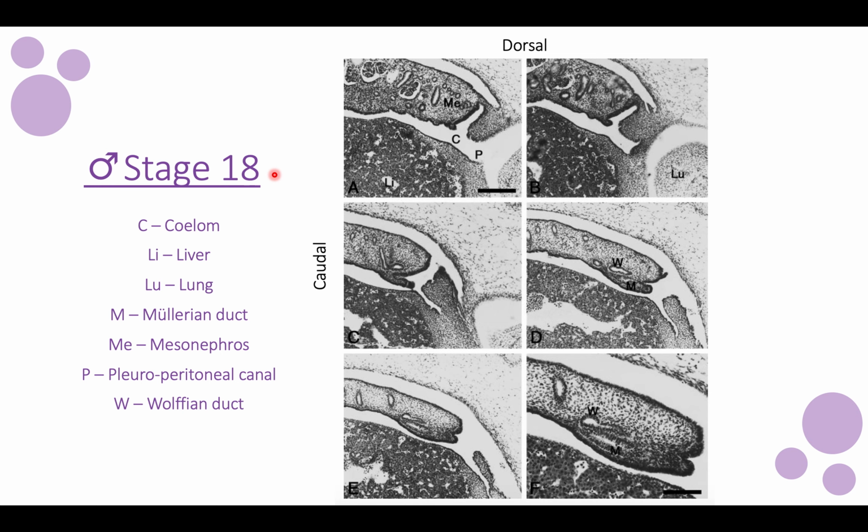And if you look closely at D, you can see that the Mullerian duct is actually in contact with that coelomic epithelium, again providing evidence of the coelomic epithelium invagination. In F, this more zoomed in version of E, we can see that the two ducts are so close in this region that they're actually sharing a basement membrane at the caudal end.